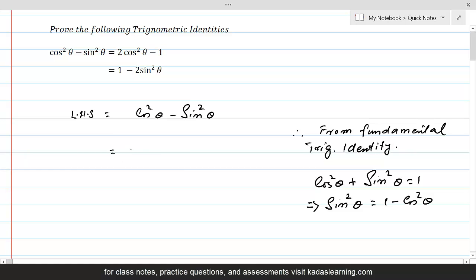So this is equal to cos square theta minus, instead of sin square theta, we'll substitute the value, and this will be 1 minus cos square theta.